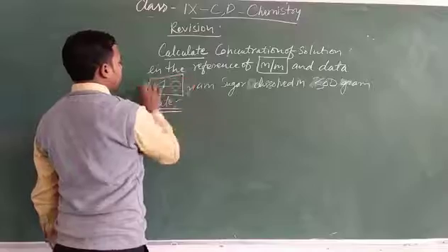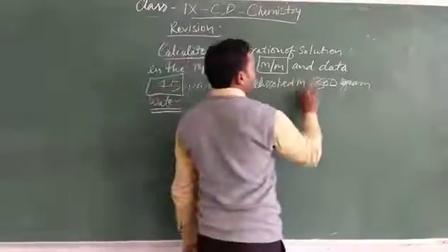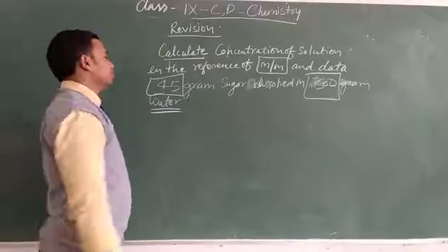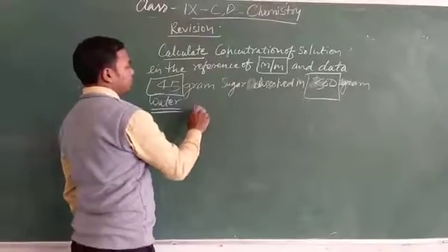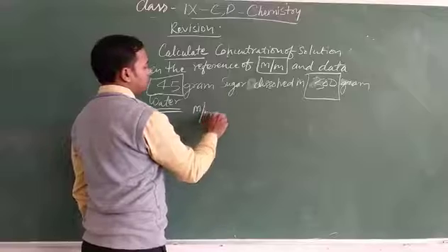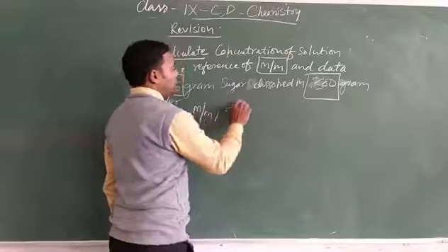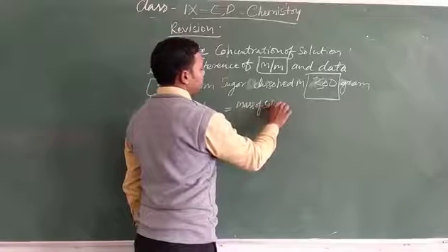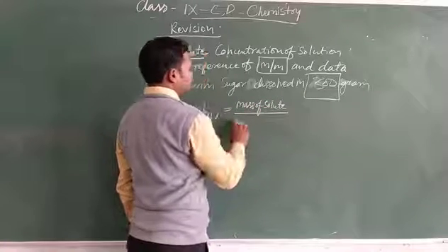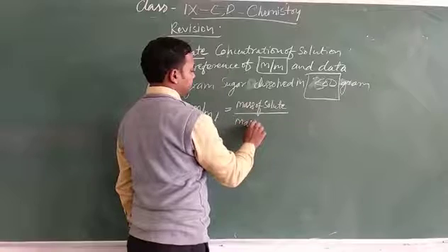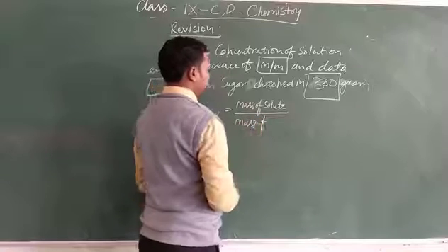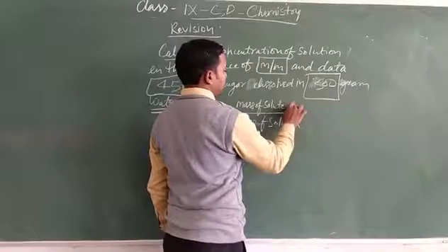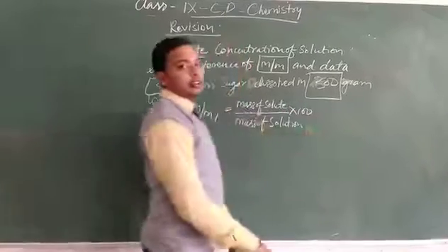The given solute is 45 gram and the given solvent is 300 gram. Then what will be the formula? The formula is mass by mass percentage equals mass of solute divided by mass of solution into 100.